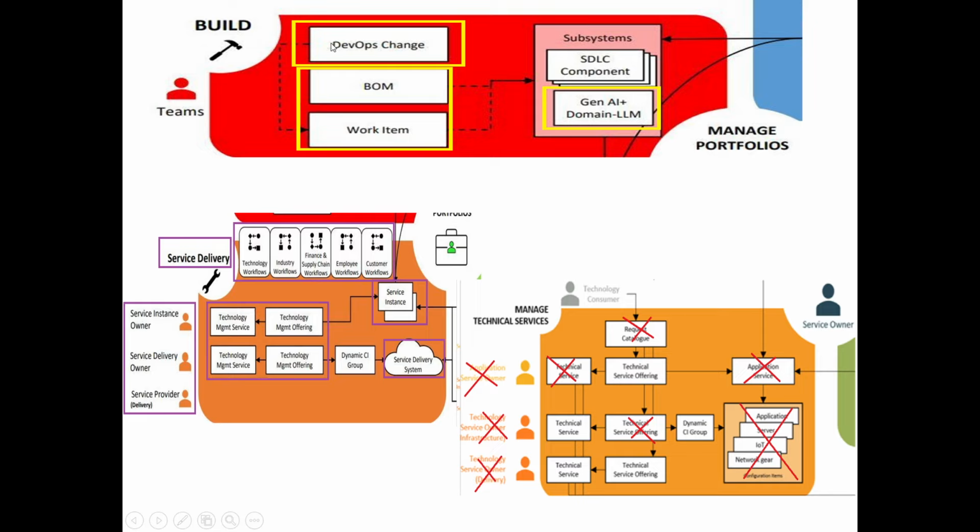Now ServiceNow introduced DevOps change, meaning ServiceNow already has DevOps Change Velocity, but now they're saying let's use that. It means you can do your deployments and create your changes as per the DevOps methodology, where you can put your policies and controls as well. And this has also been linked with a dotted item with the work item and BOM as well. And in parallel they added Gen AI plus domain LLM.